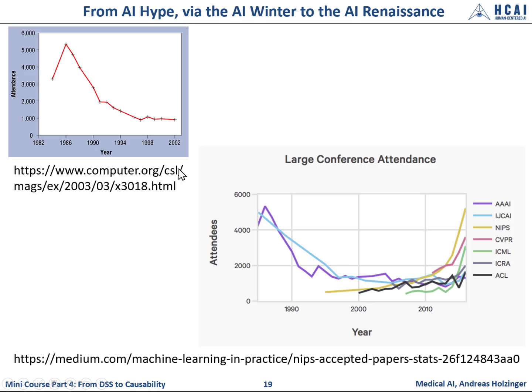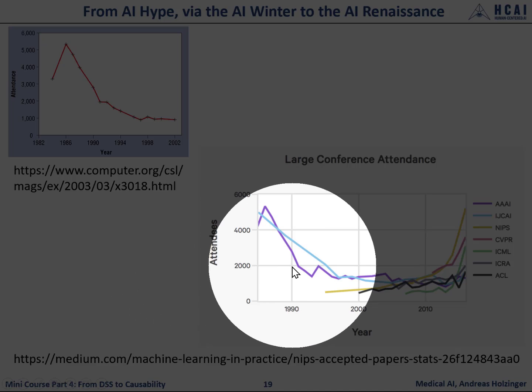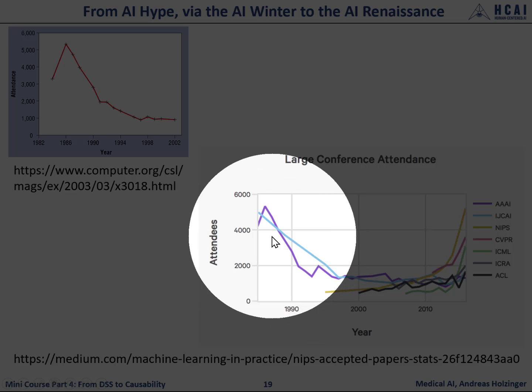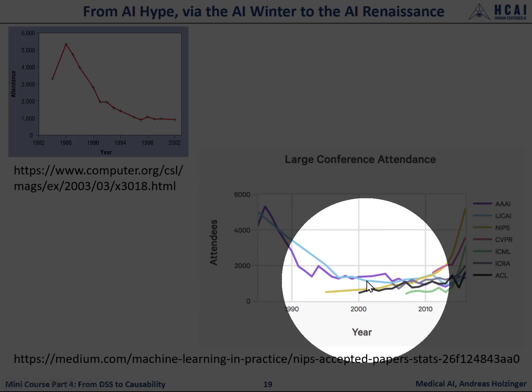And here's a nice picture showing the attendance of people, of scientists, at scientific conferences. Here you see 1982, 1985, a peak of up to 5,000 and more, and then it goes down, and down, and down. While in the 1980s you have this peak, afterwards we have this bitter cold winter.